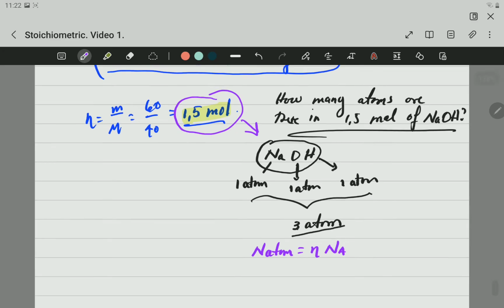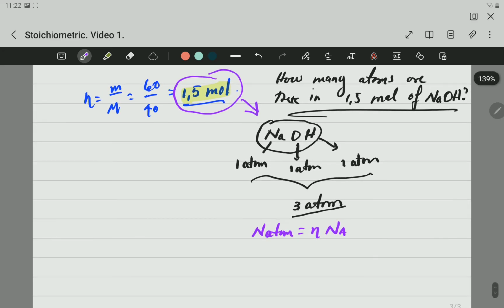So we are going to calculate not the number of atoms, we are going to calculate the number of formula units. How many formula units do we have in 1,5 mole? So this is equal to 1,5 times 6,022 times 10 to the 23.